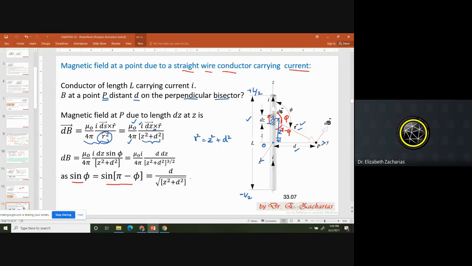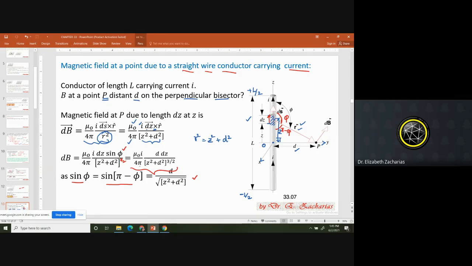So we are going to substitute this in place of sine phi. When we make the substitution, you're going to get mu naught I by 4 pi d dz divided by z square plus d square to the power of 3 by 2, because 2 by 2 plus 1 by 2 becomes 3 by 2. So this is your expression for the magnetic field at the point P because of this small current element dz.